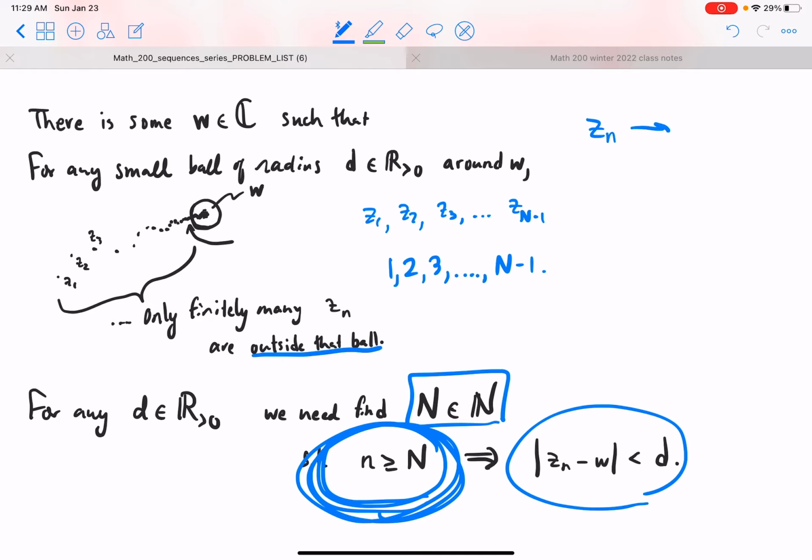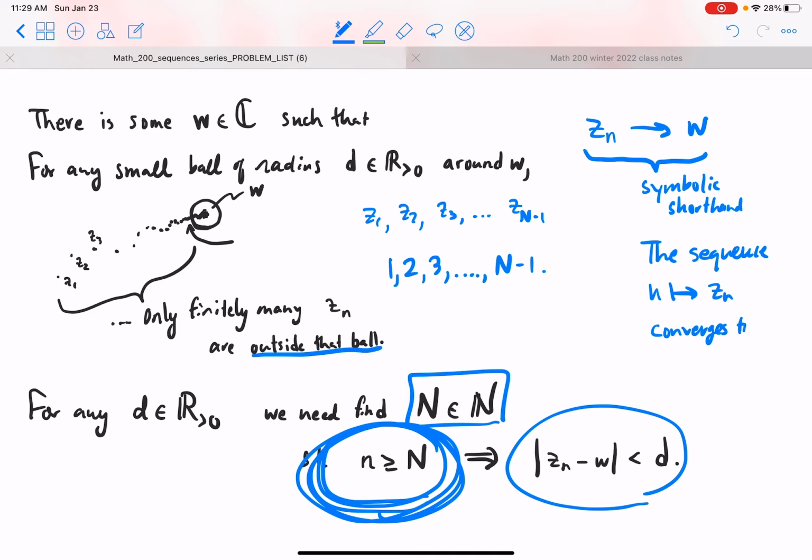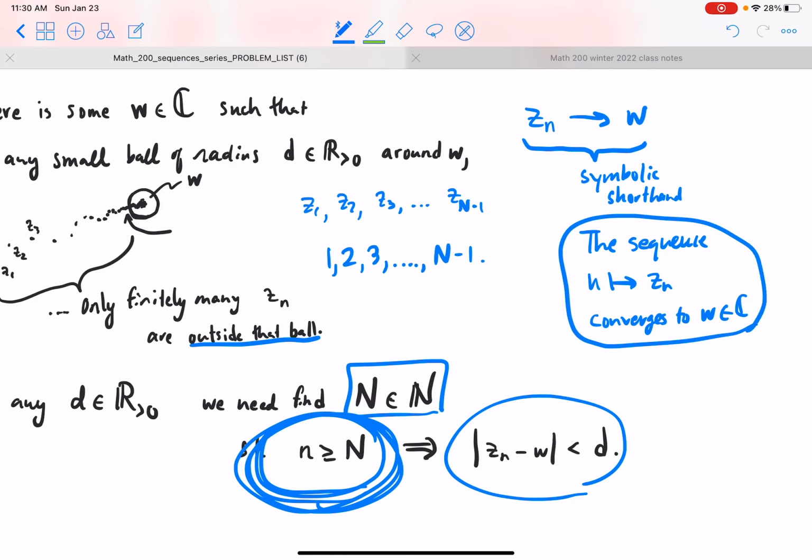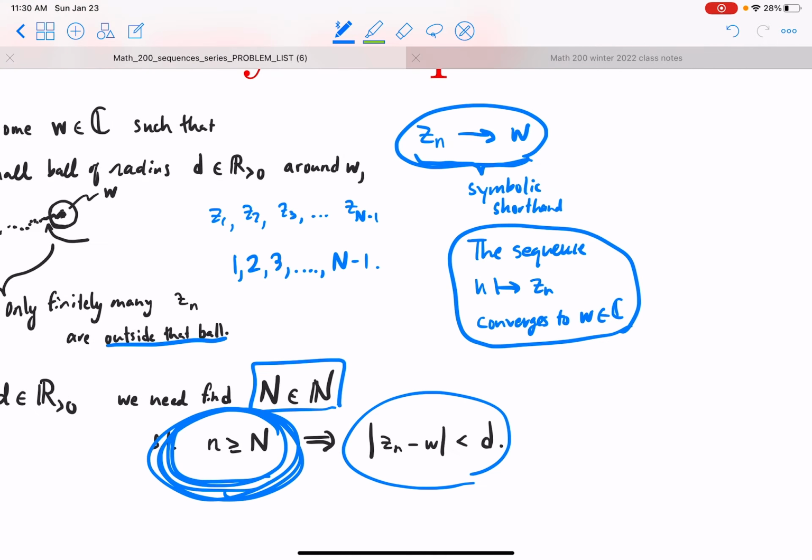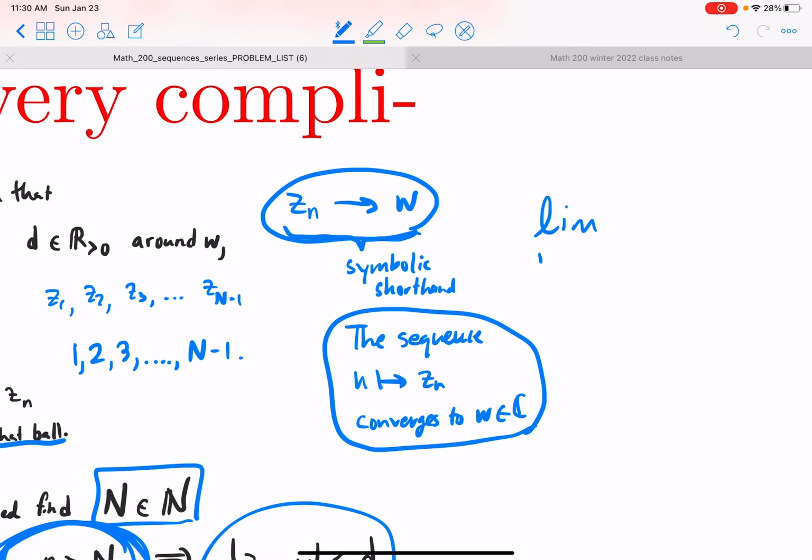And we would say z sub n goes to W. This is a symbolic shorthand for the sequence n maps to z sub n converges to W, where W is a complex number. These are words, and this is a symbol for it. Another symbol for it would be lim n goes to infinity z sub n equals W.